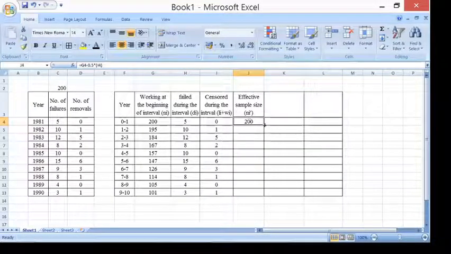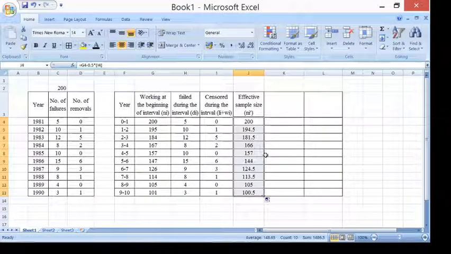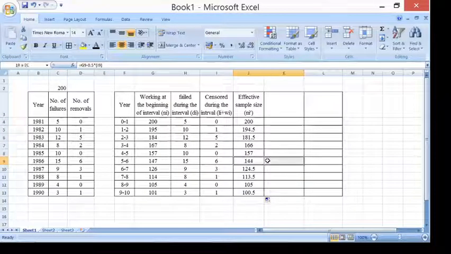So this can be dragged, and we get the effective sample size for every interval. For example, consider this 144. Even if there were 147 components at the start of the interval 5 to 6, during that interval 6 components were censored, so these 6 components have left the system.